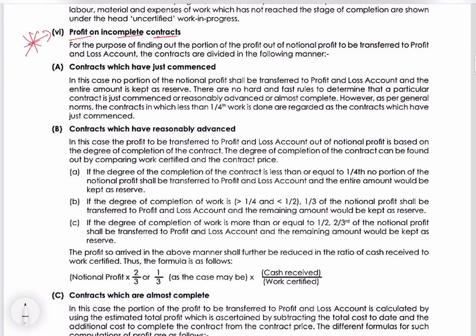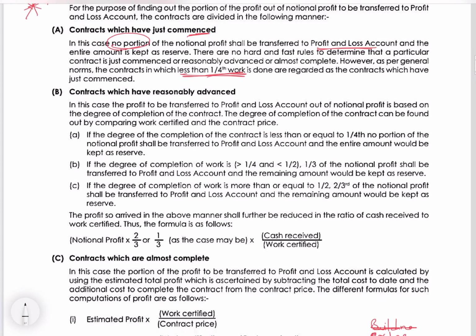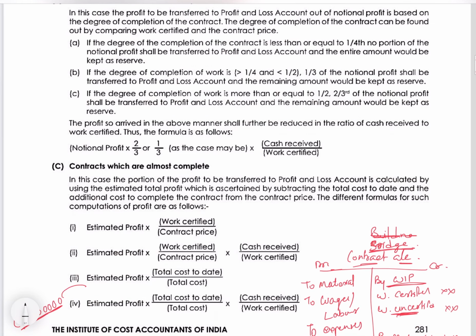So what it says: contracts which have just commenced and which are completed less than 1/4, then we will not take any profit element to the P&L account. Then, if any project is completed more than 1/4 but less than half, then you will take 1/3 of the notional profit to the P&L account.